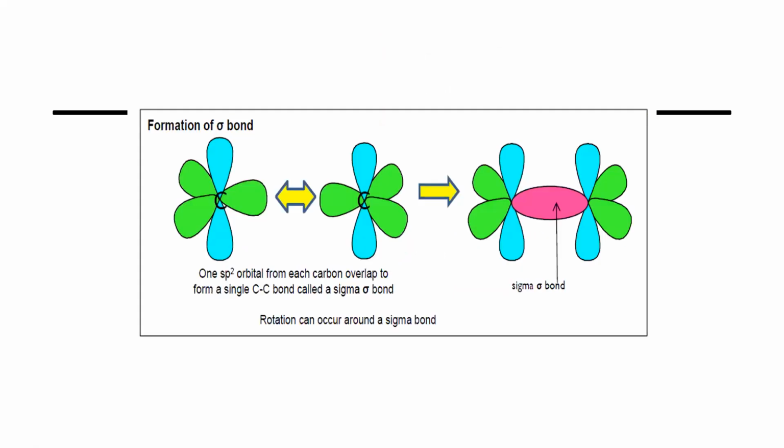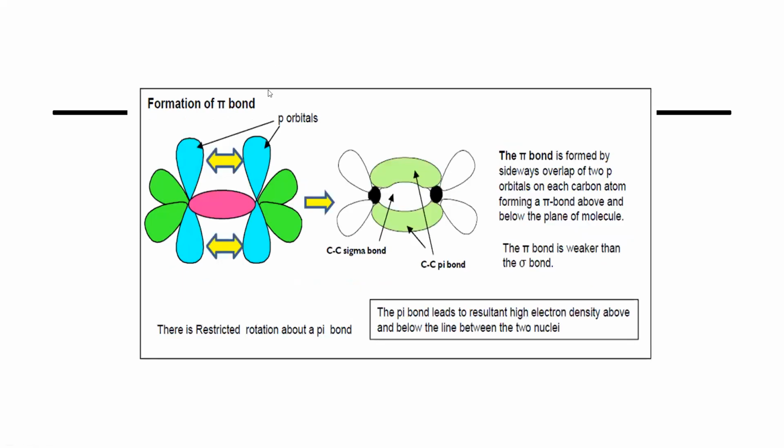As you can see here, formation of a sigma bond. So when these orbitals overlap with each other, complete overlapping, what does it result in? It results in the formation of a sigma bond. But when their axes are parallel, there's an attraction between them, and this attraction is called a pi bond.